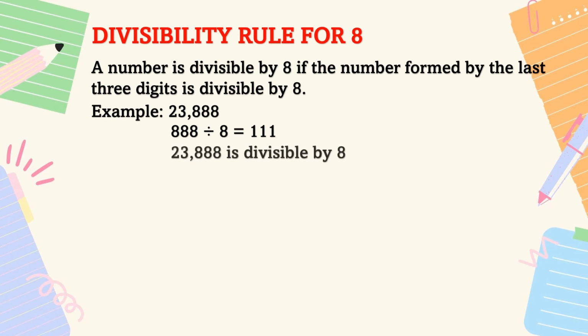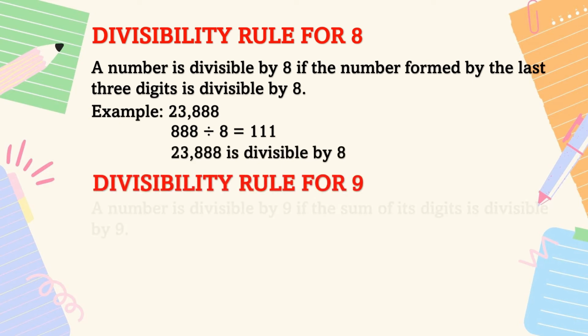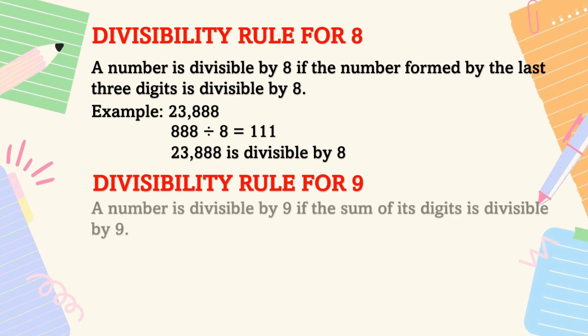Next is the divisibility rule for 9. A number is divisible by 9 if the sum of its digits is divisible by 9. For example, 2,457.